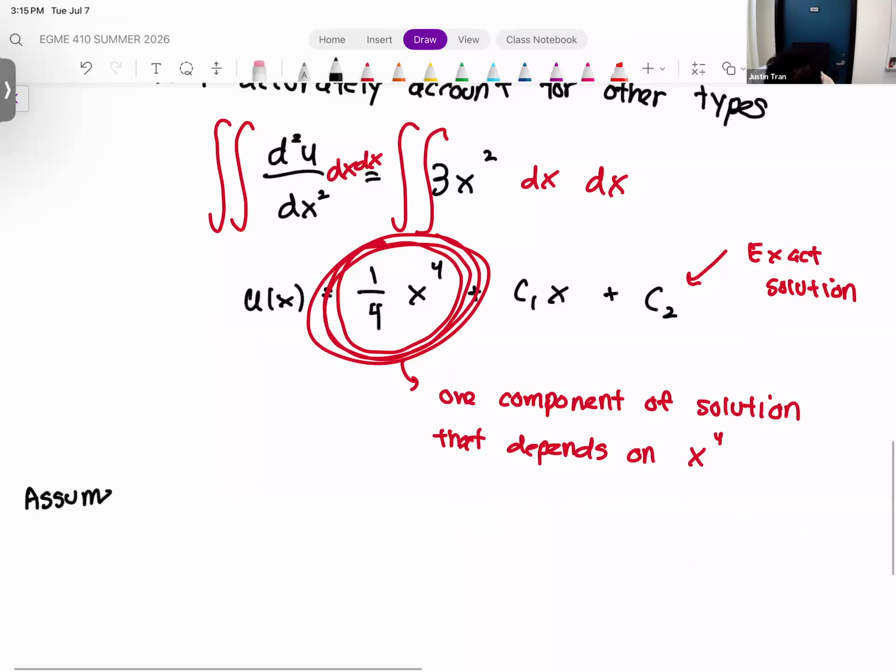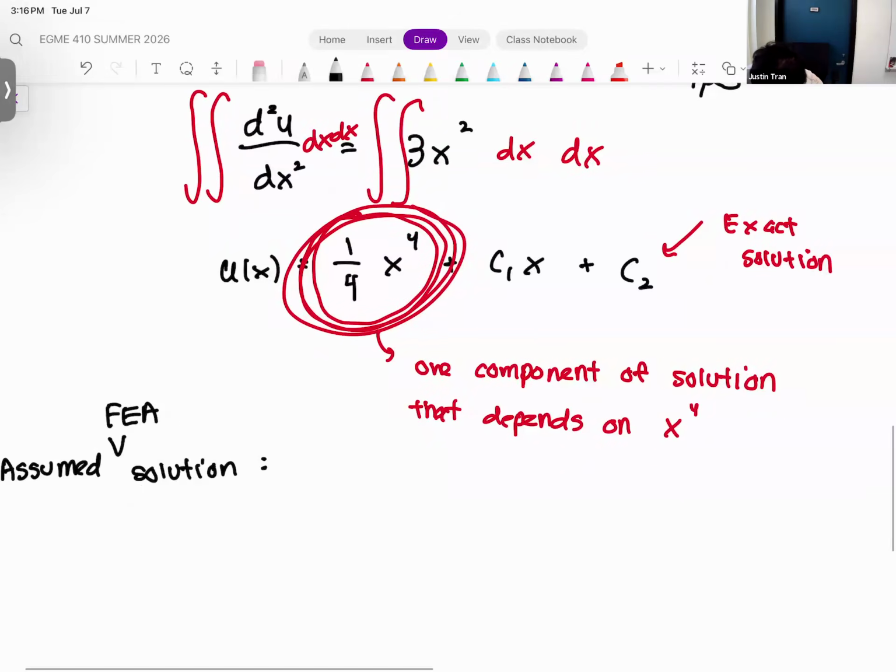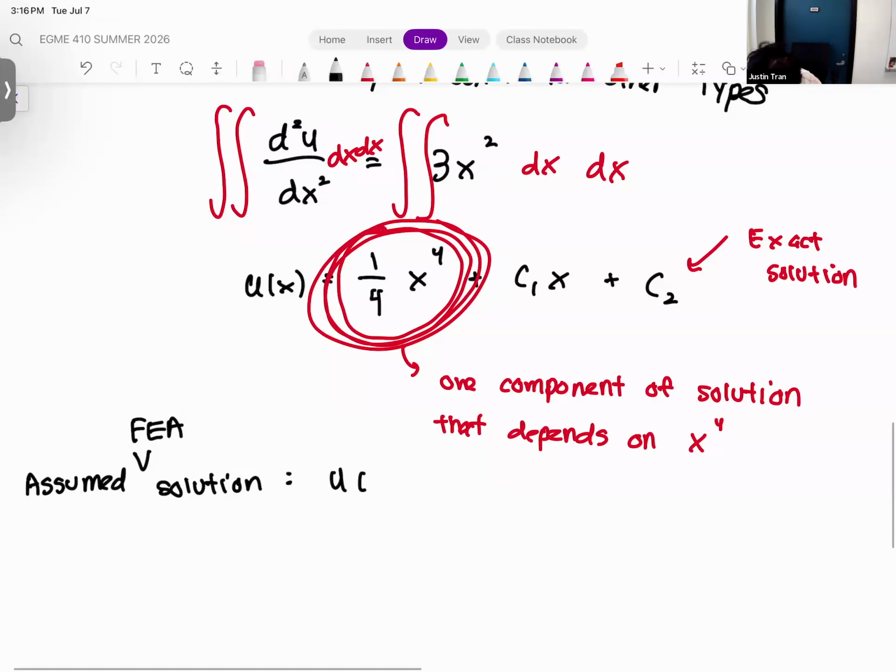and this would be if we were to solve this using finite elements, this is the assumed FEA solution. Let's pretend that we're solving this equation from scratch using the finite element method. Our assumed solution is A0 plus A1x plus A2x squared, so we're assuming a quadratic solution.